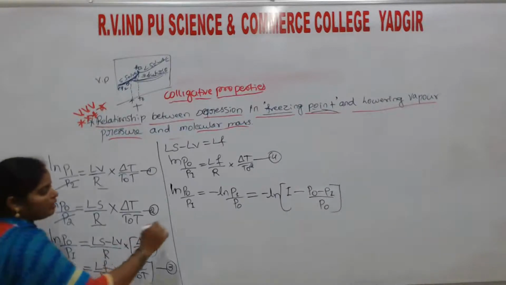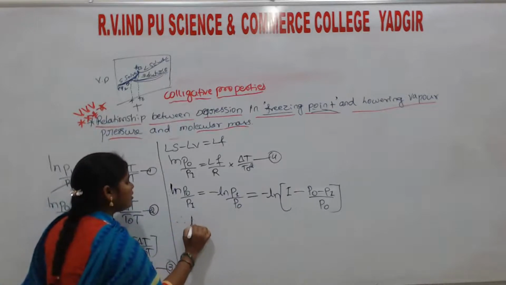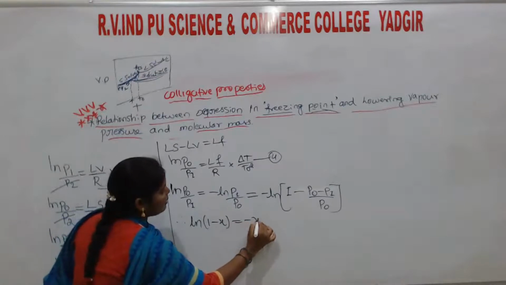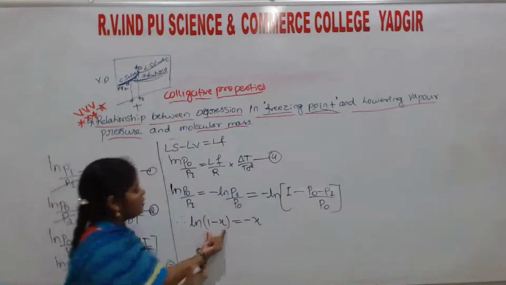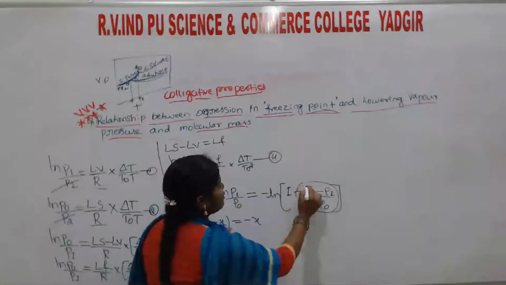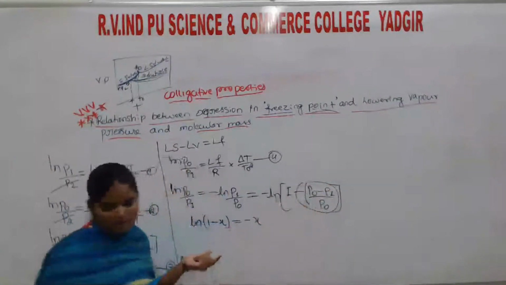You know one formula here: ln of 1 minus x is equal to minus x. Consider 1 and this is x, and the sign is minus here.